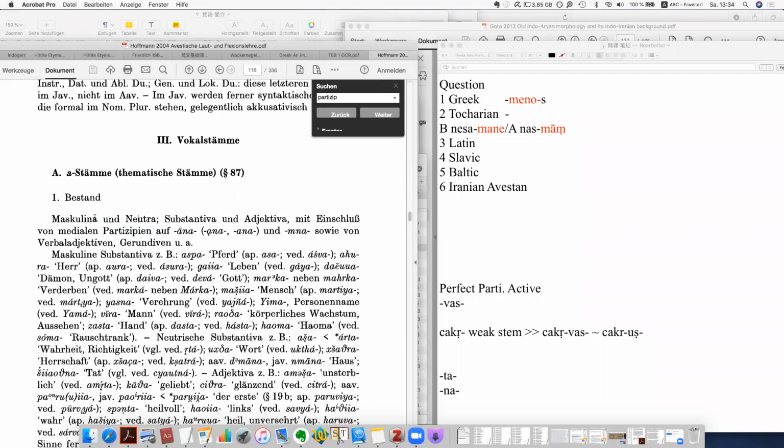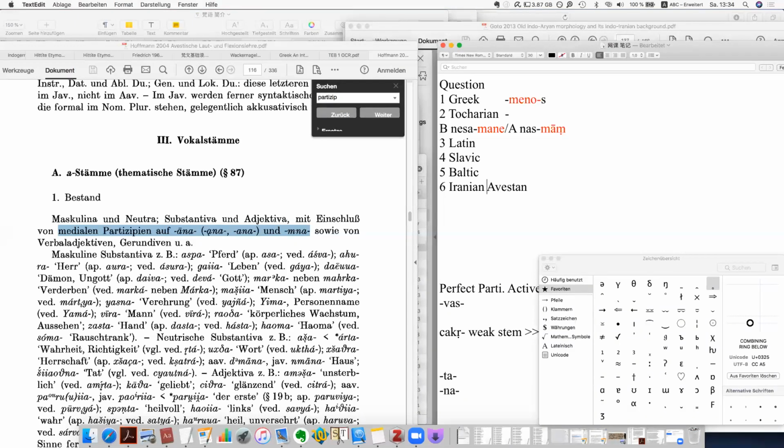So for the Partizip, the medial Partizip, ana and na. So for Avestan, the case is again ana and na. Yeah.